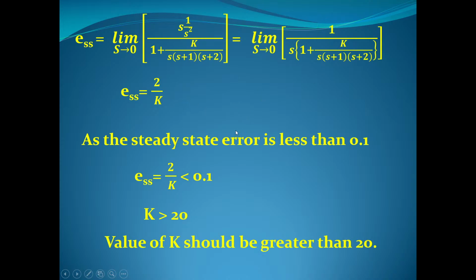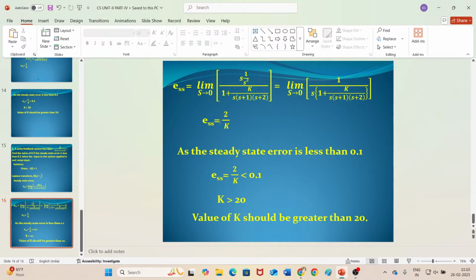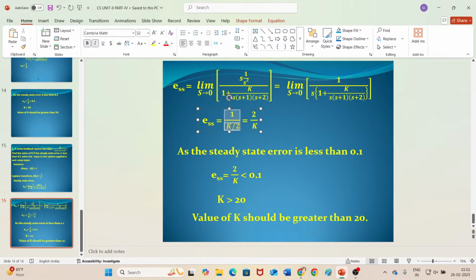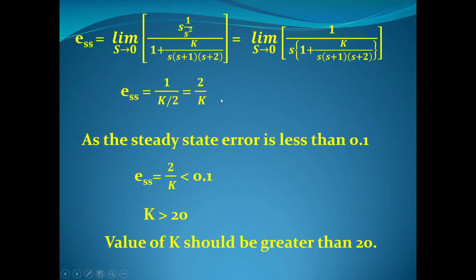So 1 divided by K divided by 2, which you can rewrite as 2 divided by K. So the steady state error is equal to 2 divided by K.